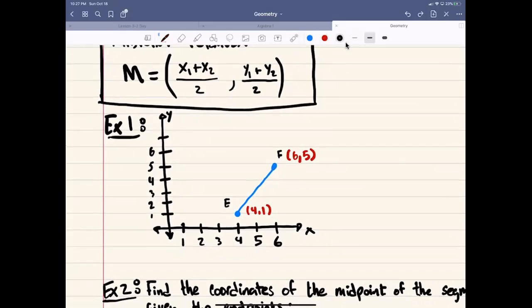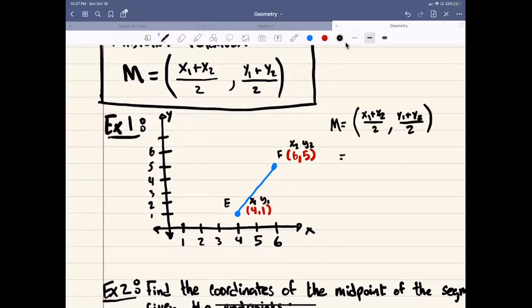So let's follow our formula. Our formula says that the midpoint is x1 plus x2 over 2, and y1 plus y2 all over 2. Remember, this is x1, y1, and this is x2, y2.